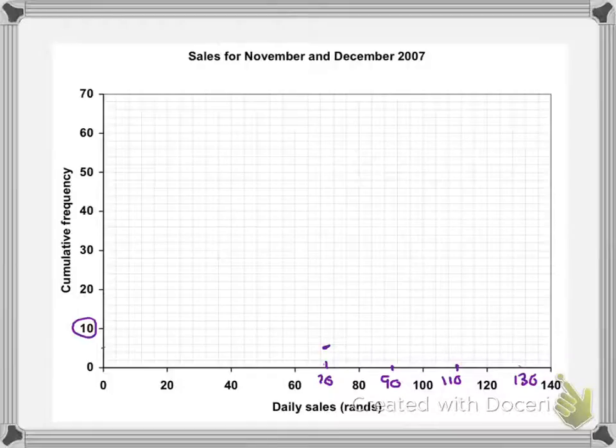We then go 70 to 80, and remember it's not the frequency, but the cumulative frequency at this point is 16. And these little bars are going up in 2s, so I'm at 10, 11, 12, 13, 14, 15, 16. Is over there.